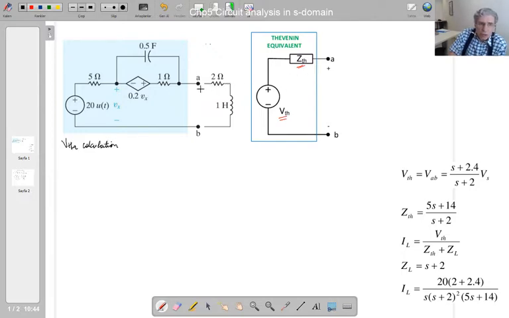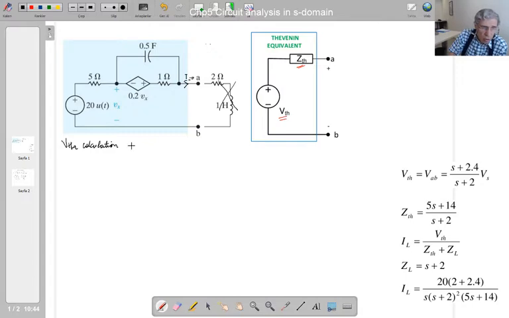VTH is the voltage between these terminals A and B when this is removed or made open circuit. So remove it or open circuit means that current is equal to 0, isn't it? So when this current is 0, you get a voltage here. That voltage is VTH.